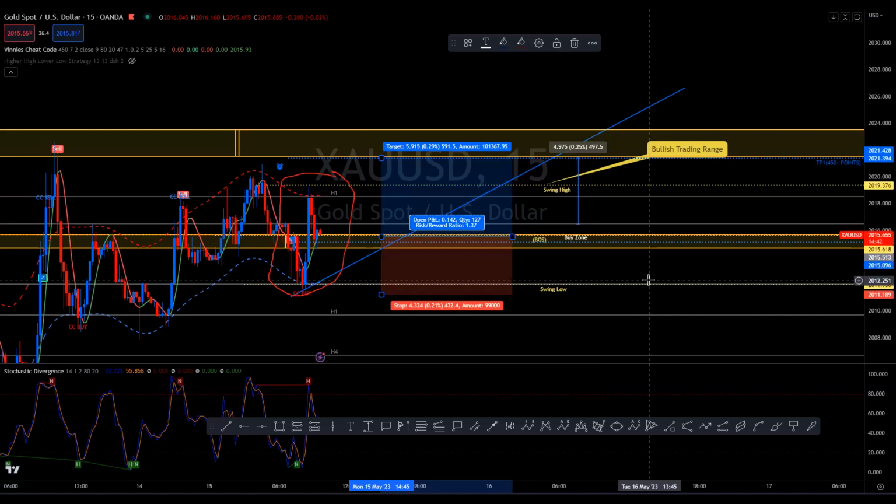We'll strictly focus on price action. See what price ends up doing.